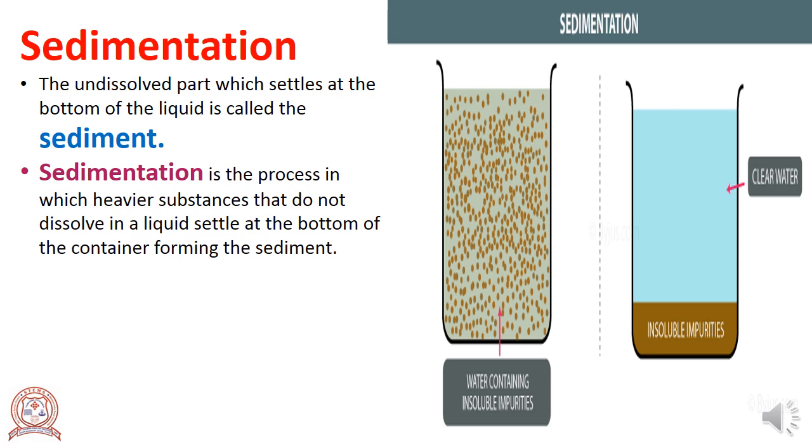If sand is added to a beaker containing water and left undisturbed for some time, sand being heavier than water settles at the bottom of the beaker. This undissolved part which settles at the bottom of the liquid is called the sediment.